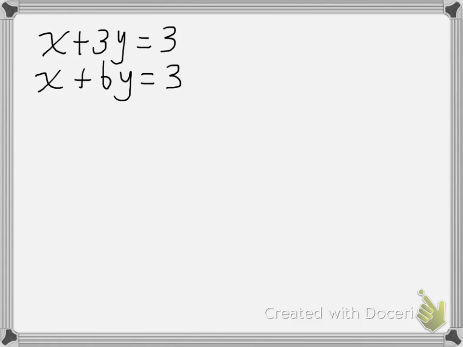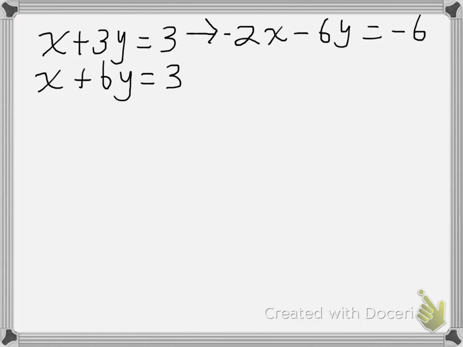Okay, now that you've thought about it, one thing that we could have done here is to multiply that first equation by negative 2. And so the first equation then would become negative 2x minus 6y equals negative 6.